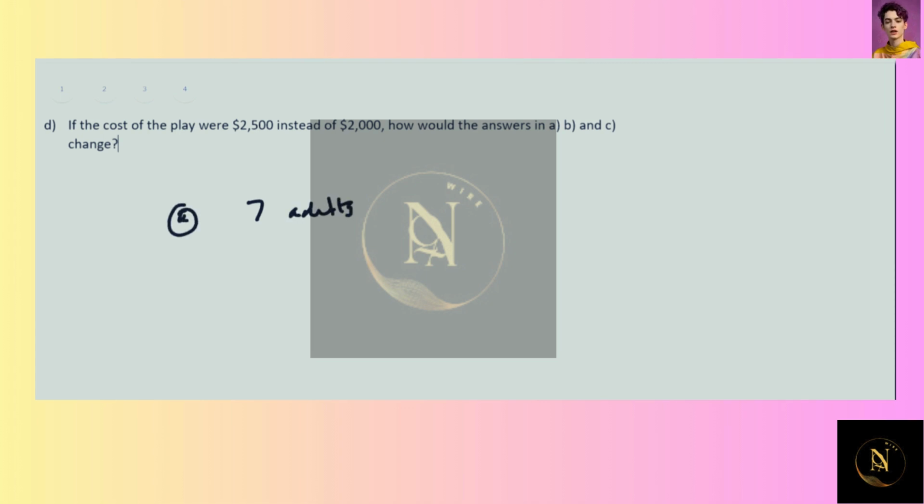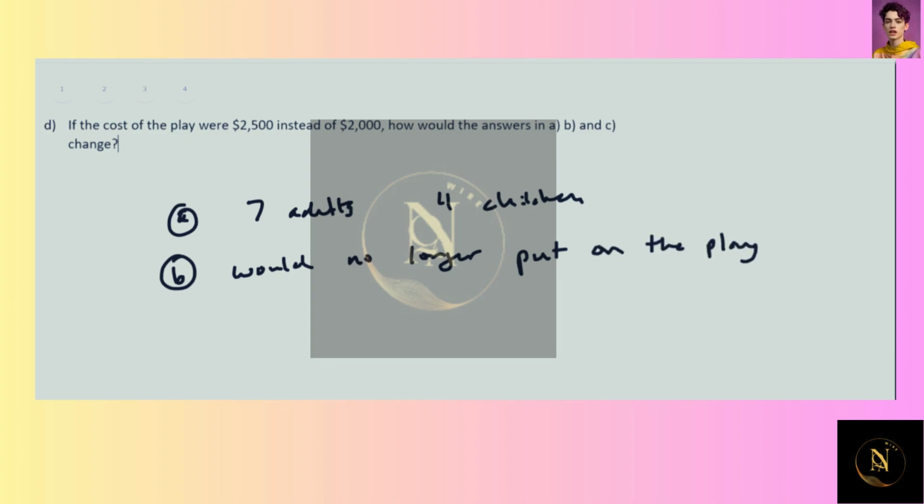This is part A, and we still charge $4 for children. Nothing would change. In part B, we would no longer put on the play because it's not worth it to us anymore because we'd only make $2,100 and it now costs us $2,500. So we wouldn't make any money.